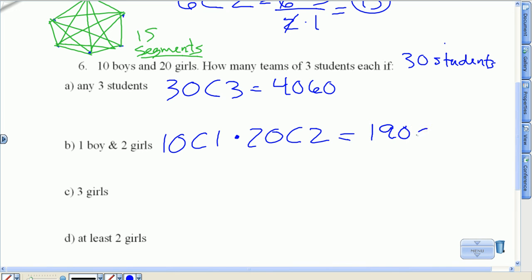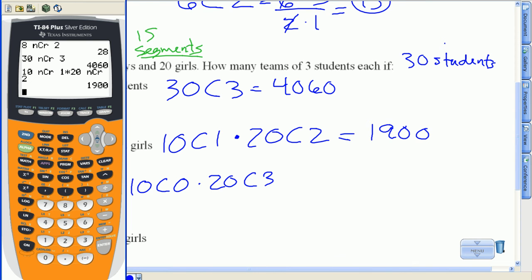3 girls. 10 boys, we're going to choose none of them. 20 girls, we're going to choose 3 of them. Now, as you can see here, 10 choose 0 is not a losing proposition. Anything choose 0 is 1. There is only one way to do that.